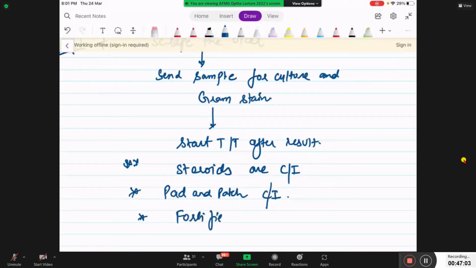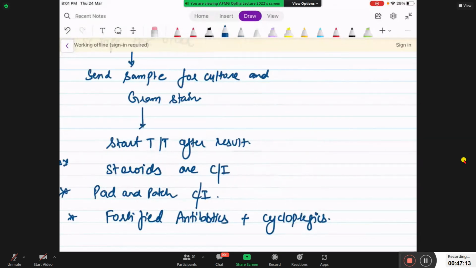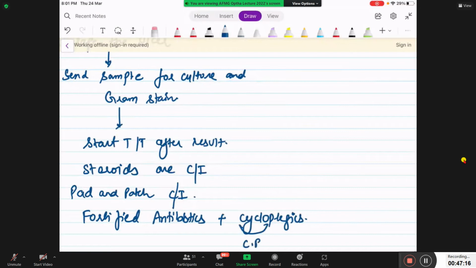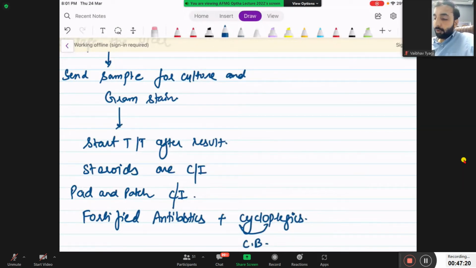You will give fortified antibiotics, plus you have to give cycloplegics. As I have told you, cyclo means ciliary body, and plegics means paralysis.